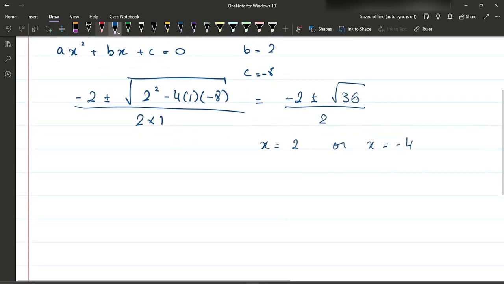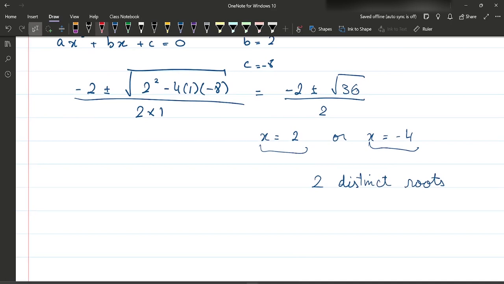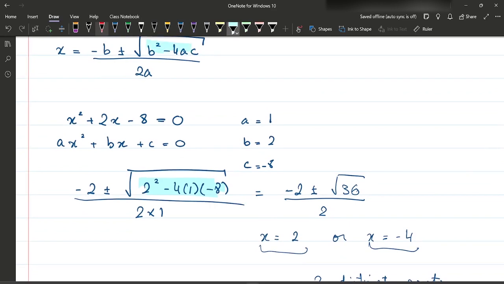So this has two distinct roots. That's going to help us later. So two distinct roots. And that happened when this part, we call it the discriminant, was greater than 0.